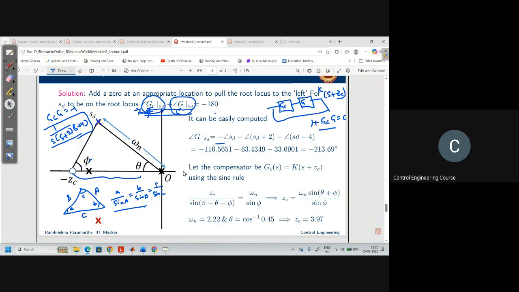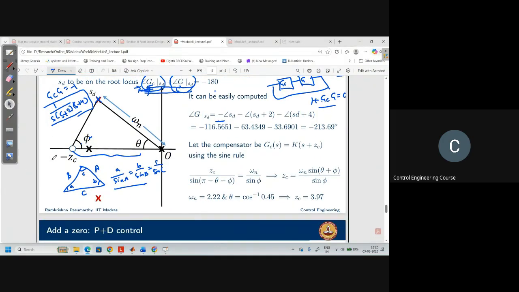So we can formulate that: omega_n by sine phi, using this sine rule, equal to this length ZC, from 0 to ZC, by sine of this angle x. What is this x?